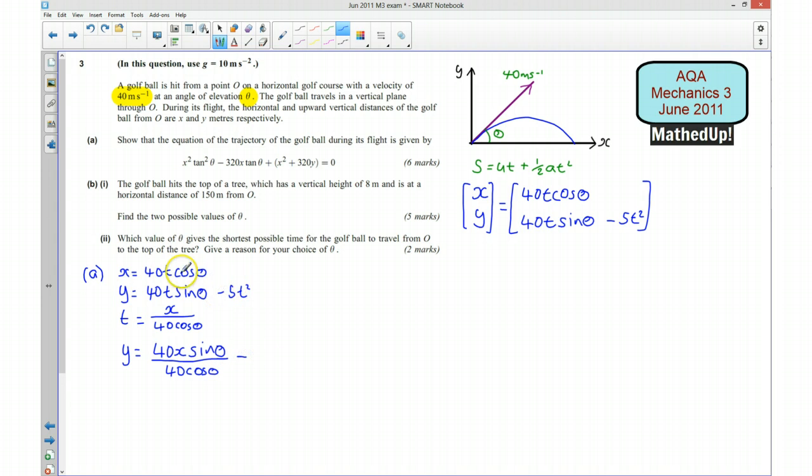Take away, and we'll have 5 times this squared, so that's going to be 5x squared over 40 cos theta squared, so that's going to be 1600 cos squared theta.